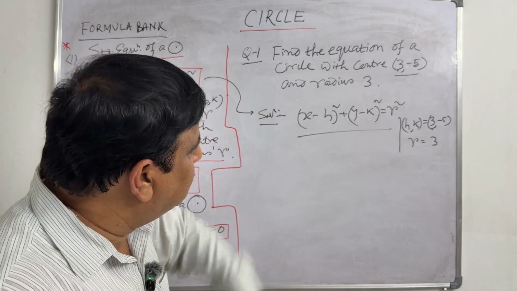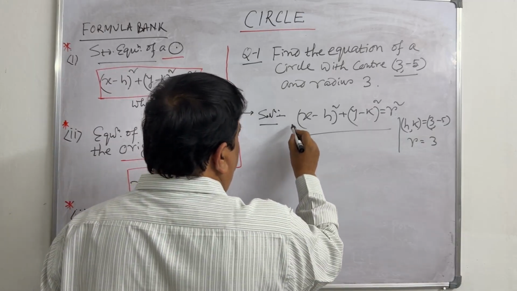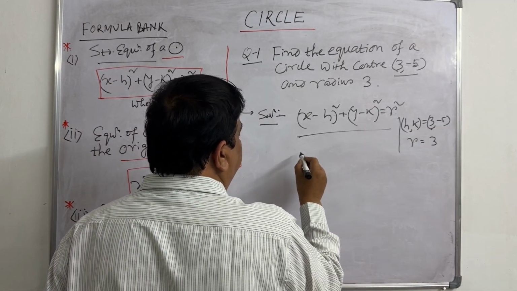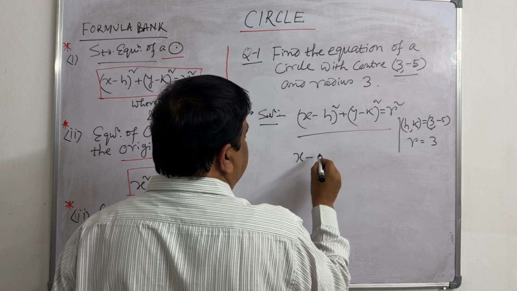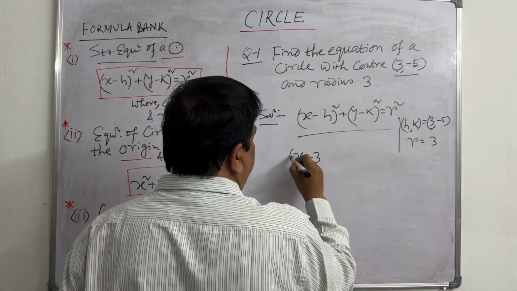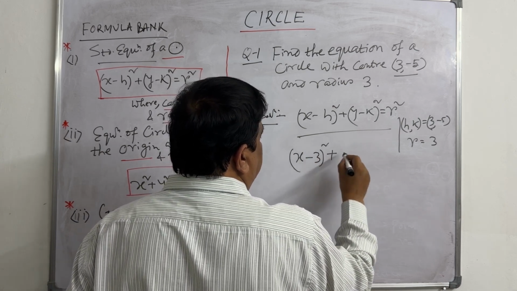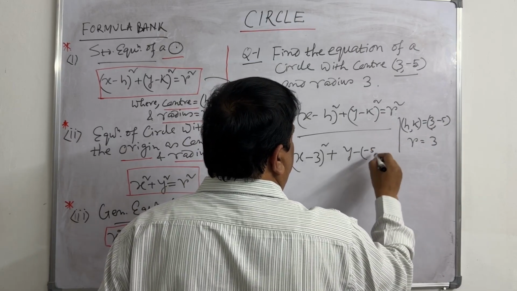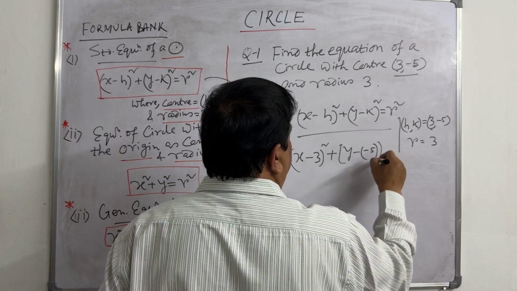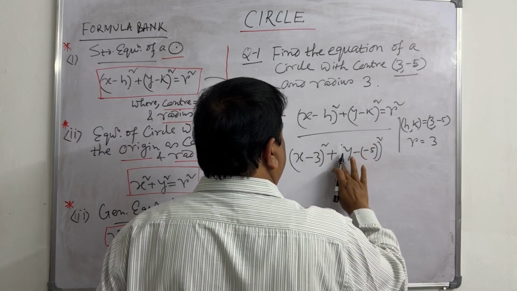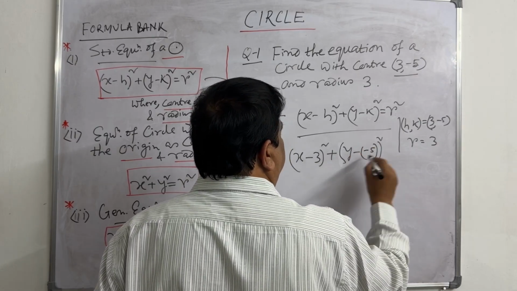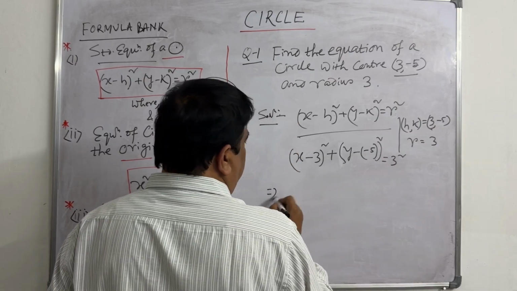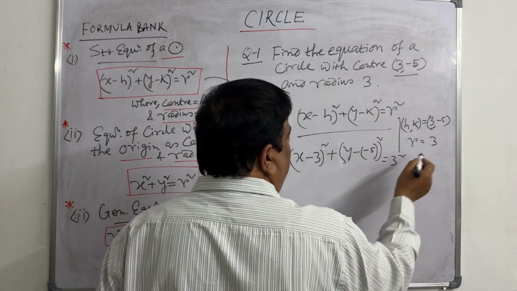So put the values here. So if you put this value of h, k and r, what will you get? You will get x minus h is 3 whole square plus y minus k is equal to -5 whole square, that is equal to r square, r is 3.